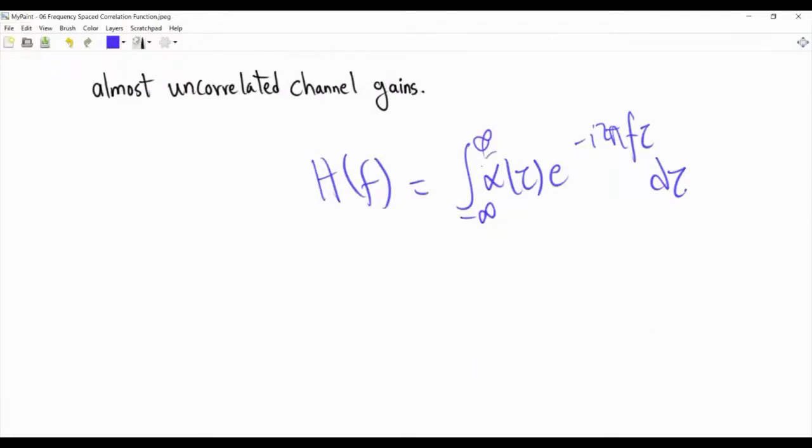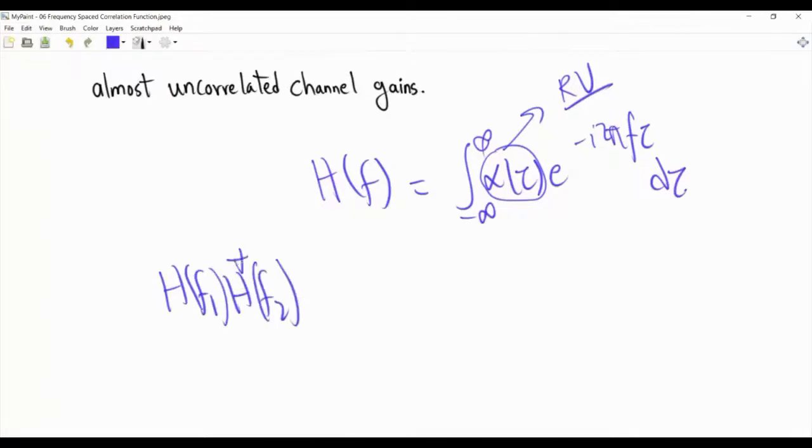Now, this is modeled as a random variable. And when we restore our Doppler frequency, the theta will also be treated as a random variable. So now what is h of f1 times h of f2 conjugate? You need to have this integral at f1, and then multiply it by the integral conjugated at f2.